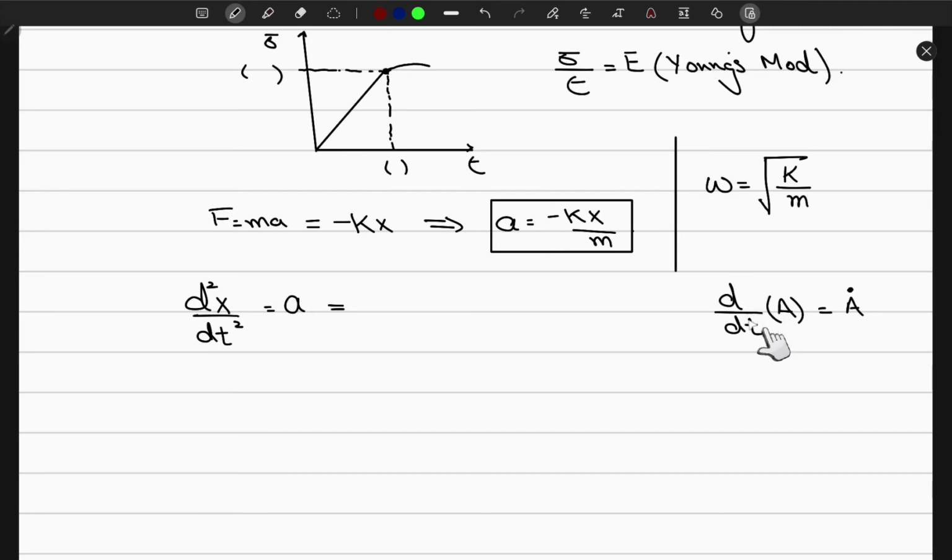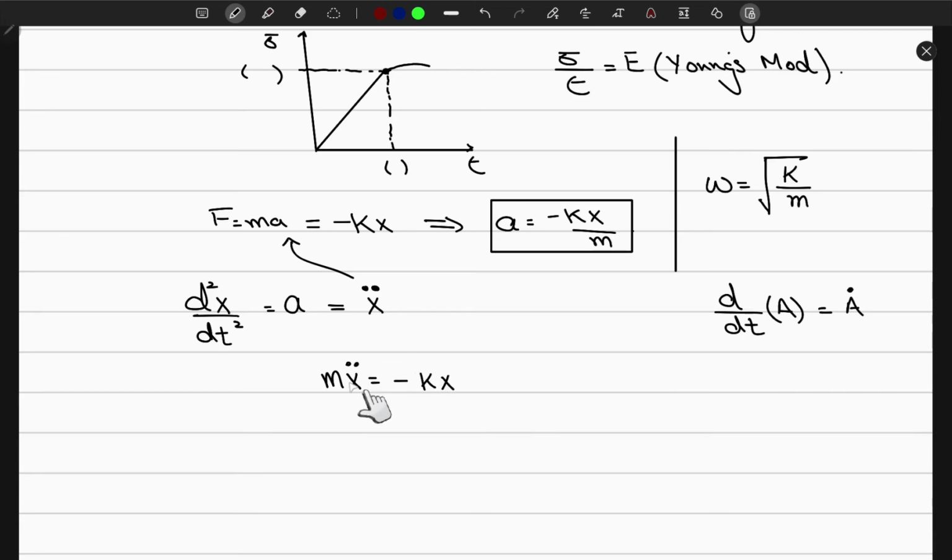If there are two time derivatives, you can put 2 dots on x. This is just telling you it's the double time derivative of x. So if I replace this in this expression, it becomes m x double dot is equal to minus kx.